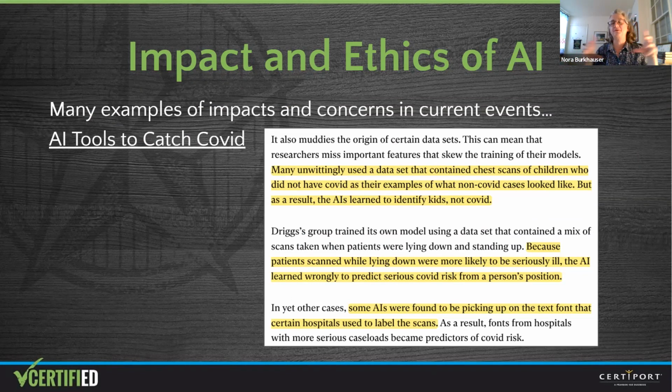This is just a blurb out of an article. The AI wrongly learned to predict serious COVID because of a person's position, not because of what was being scanned. Another AI was only making determinations based on the text font that was being used and not the words in there. So just a lot of cautionary tales out there.